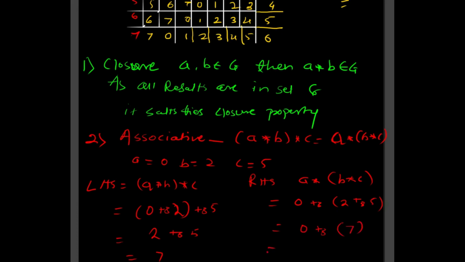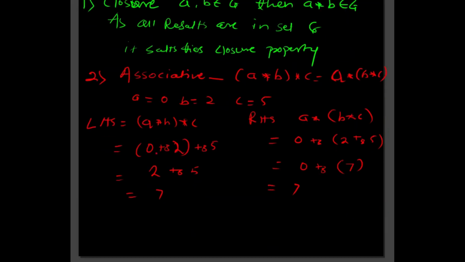So 0 plus 7 is 7, 7 mod 8 is 7. So we are getting left hand side equal to right hand side. Therefore the set is associative with respect to operator plus 8.